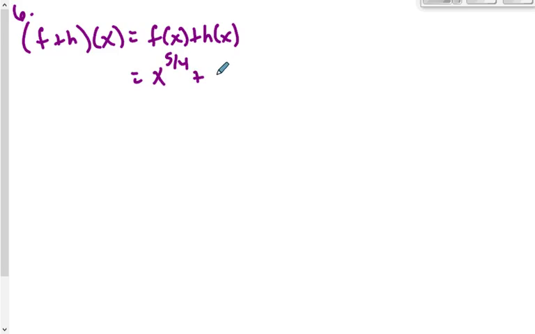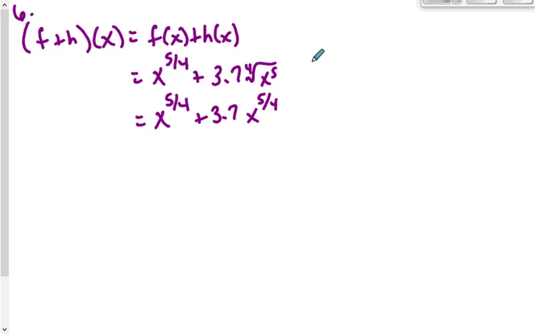H of x is 3.7 times the 4th root of x to the 5th. Change it just like we did before. So I have x to the 5 over 4 plus 3.7 x to the 5 over 4, which gives me what? The understood one right there, so that gives me 4.7 times x to the 5 over 4. And that's my f plus h of x.